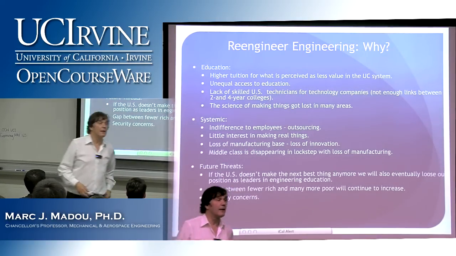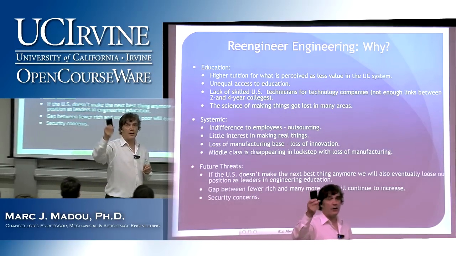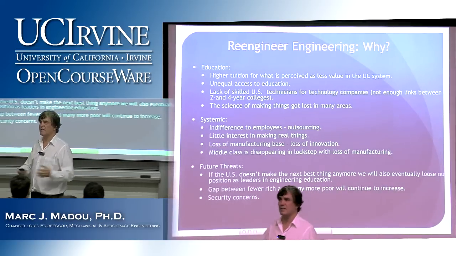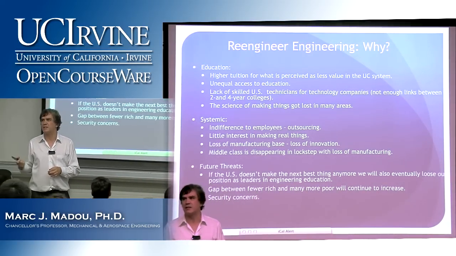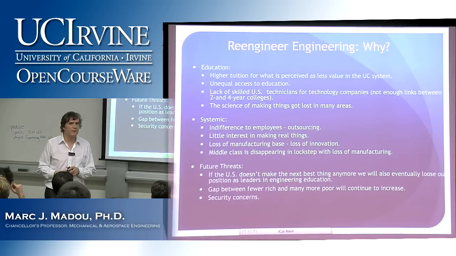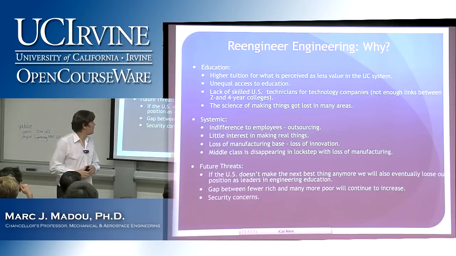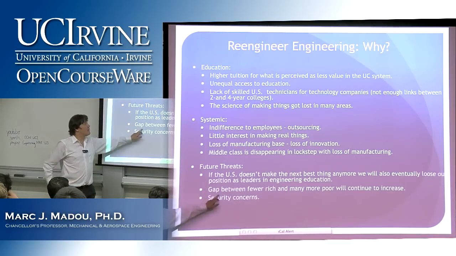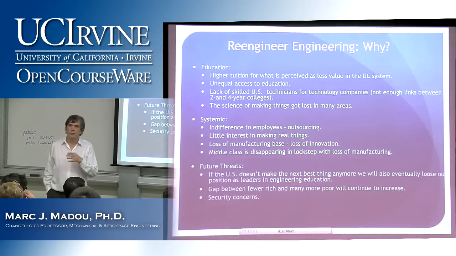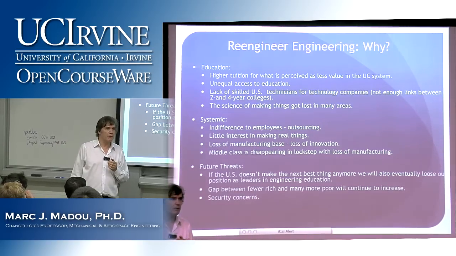But if you look at the iPhone and how close Samsung is now to beating it, don't you think that eventually people will say, the US is not making the best stuff anymore, I should go where people know how to make the best stuff, isn't it? The gap between fewer rich and many poor people will continue to increase, because if you don't have good paying manufacturing jobs, what do you think will happen?